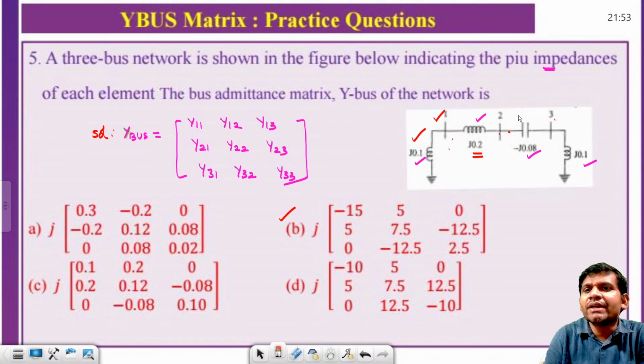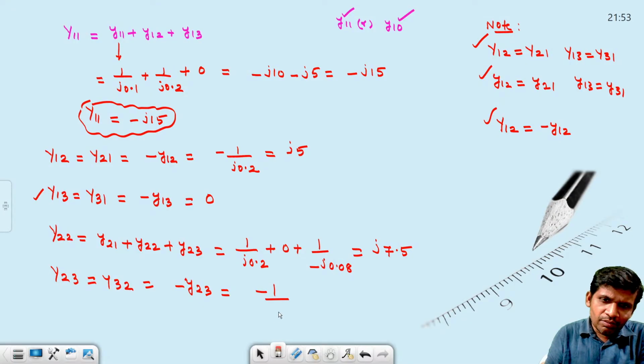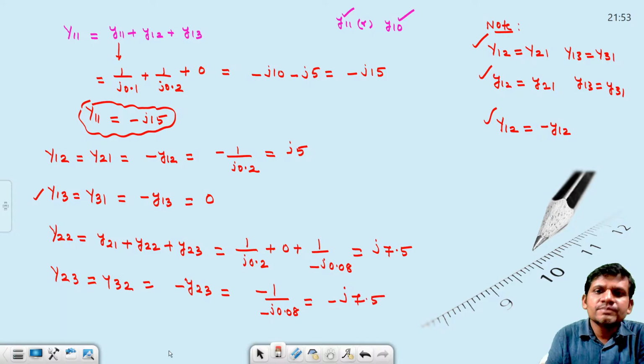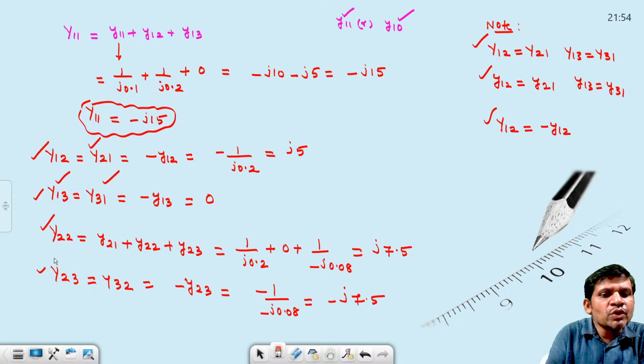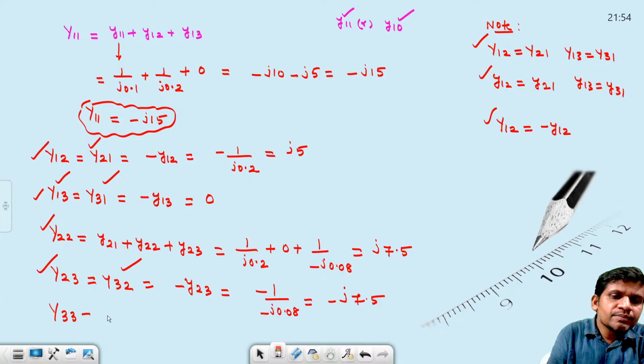What is given here? Impedance, right? That is 1 by minus 1 by J0.08, which is equal to minus J7.5. Okay, Y12 is known, Y21 known, Y13 known, Y31 known, Y22 known, Y23 known.